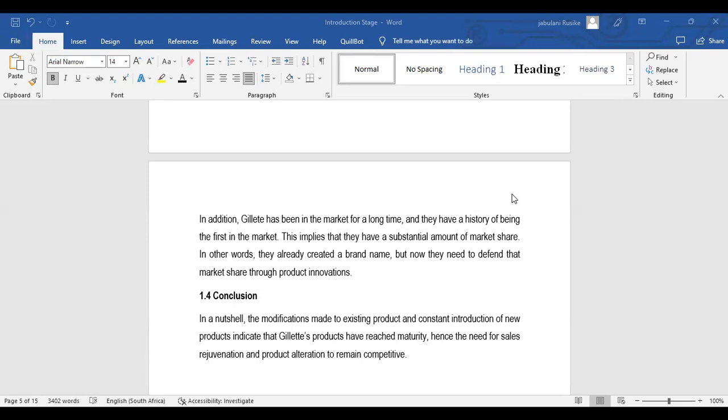In terms of the marks, it can possibly be half of the marks, but the main core of that question is for you to have the ability to identify the stage that Gillette is in.